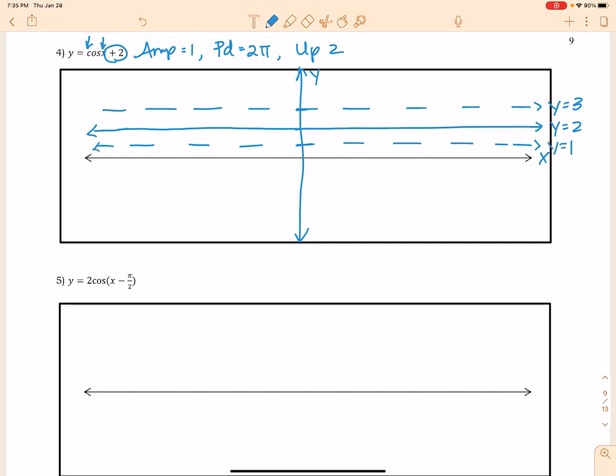All right, looking at this now, I'm going to mark my x-axis. Since the period is 2 pi, we divide that by 4, so each mark is worth half of a pi. And over here, I'll have the same thing.